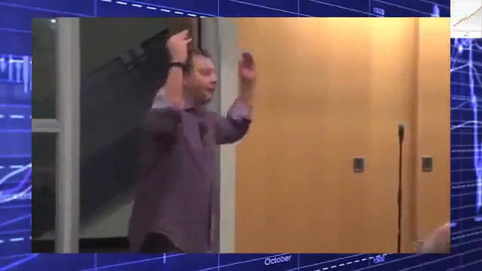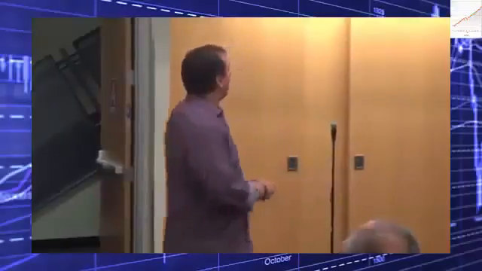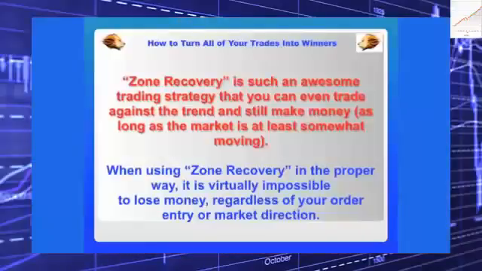Every time the sequence of trades closes, worst case, I've broken even. Everything else is profit. Now that's pretty good math, if you ask me, right? So when using zone recovery in the proper way, I'll show you, it is virtually impossible to lose money regardless of your order or market direction.